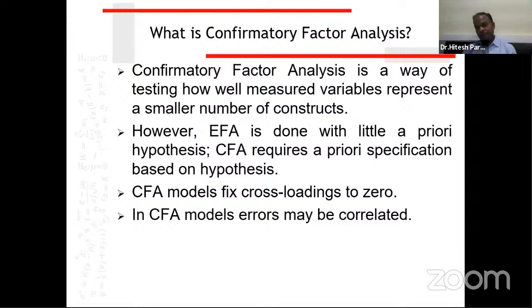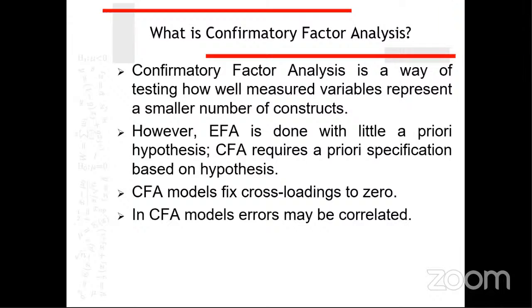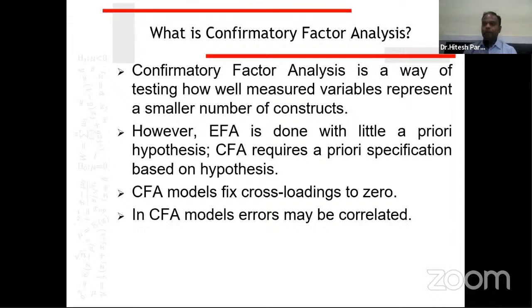We will not specify any factor loading between an unrelated factor and variable. For the variable representing that factor, we fix that factor loading only. Other cross loadings will be 0. And errors can be correlated.